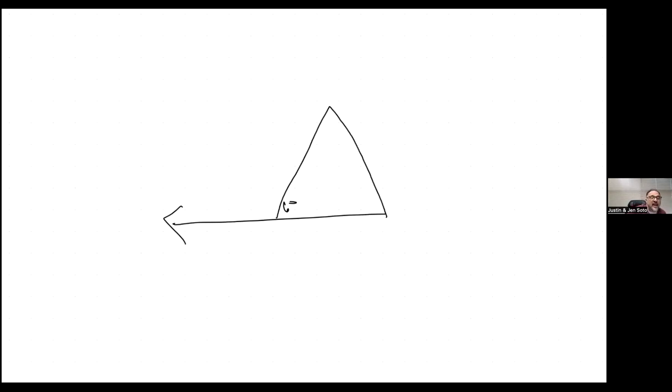This angle here is simply the sum of the opposite interior angles of the triangle. So if this is 50 and this is 70, without even worrying about this being 60, we know that 50 and 70 is 120. So this angle right here is going to be 120. Well, let's take this one step higher as well.